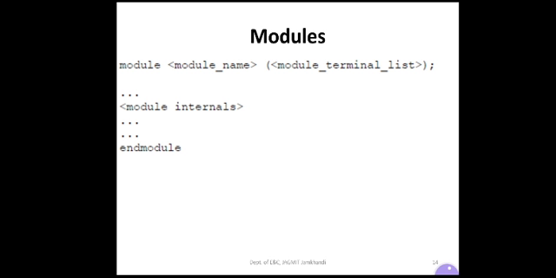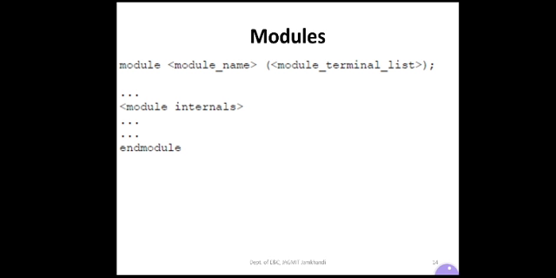The remaining thing, the module name, is an identifier, that is a user defined name. Suppose you want to design a D flip flop, then your module name can be DFF. That is an identifier. In DFF, what are the inputs and outputs that are required? Those inputs and outputs are written in the module terminal list within brackets.